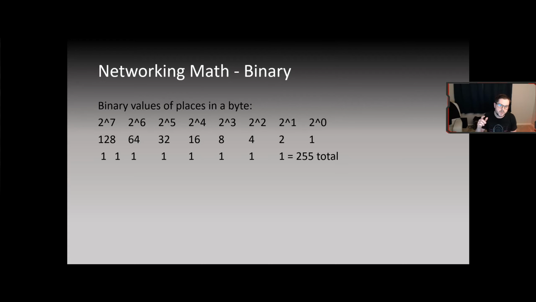So every time you put a 0 or a 1 there, you're turning on that bit or that value, and then you add all those together. So in this scenario, all the bits are turned on, so you have a total of 8 bits all in a byte, for a total of 255 binary value.